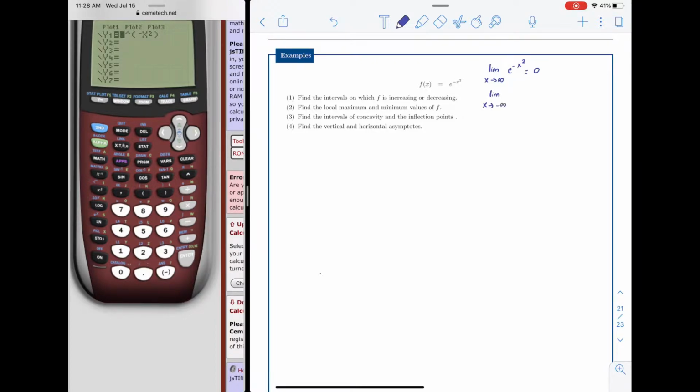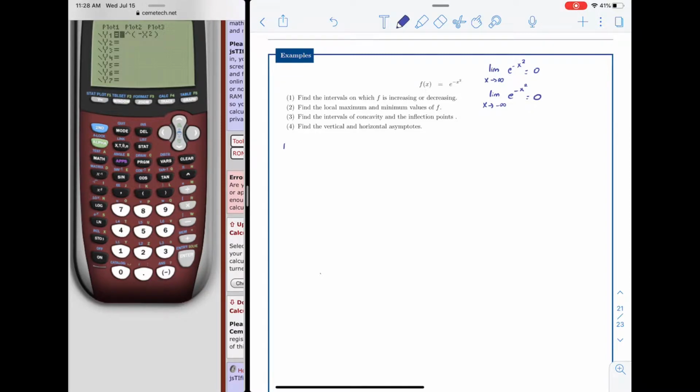Even if I plug in negative infinity, I'll still have the same scenario because I'd have e raised negative of a negative number squared, which is positive. So I'd still end up having a negative exponent. So that would also approach 0.